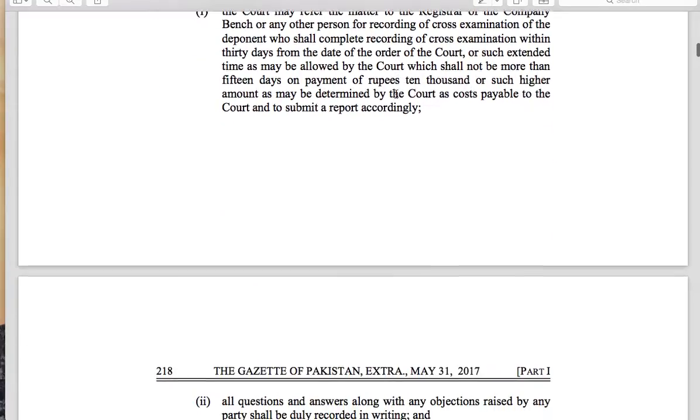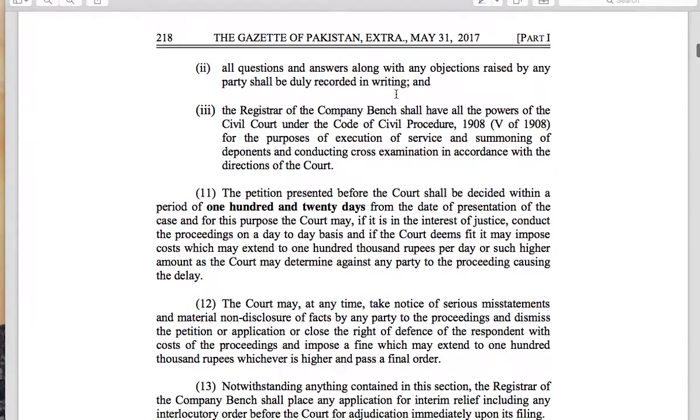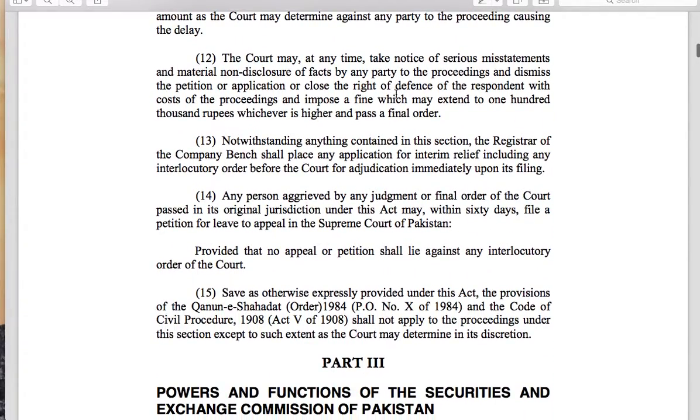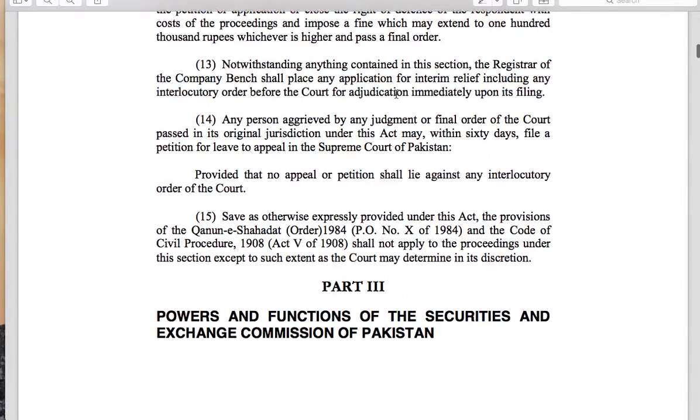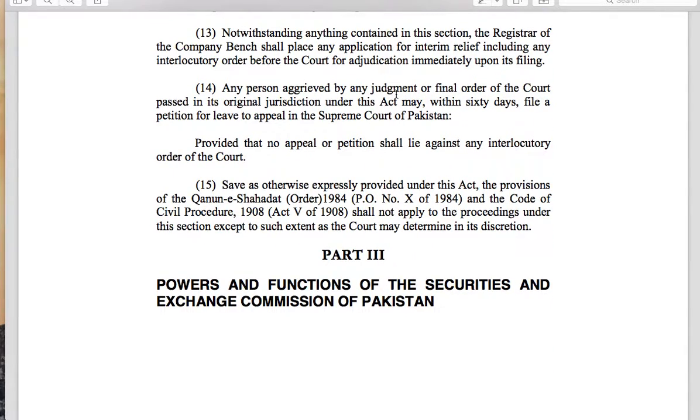The jurisdiction of the court: where will the jurisdiction be if there is a dispute between shareholders? The simple answer is that the registered office in Pakistan, for example, if it's in Punjab province, Lahore city, or if it's in the capital city, Islamabad, will determine the jurisdiction of the court, and the winding up proceedings will fall in the original jurisdiction of the High Court.